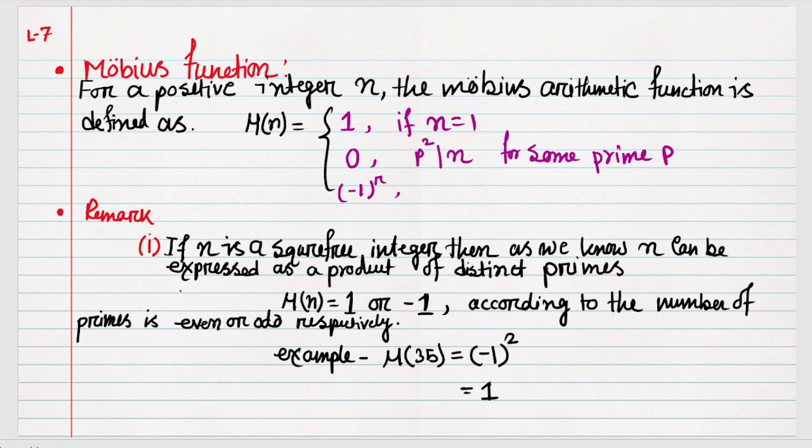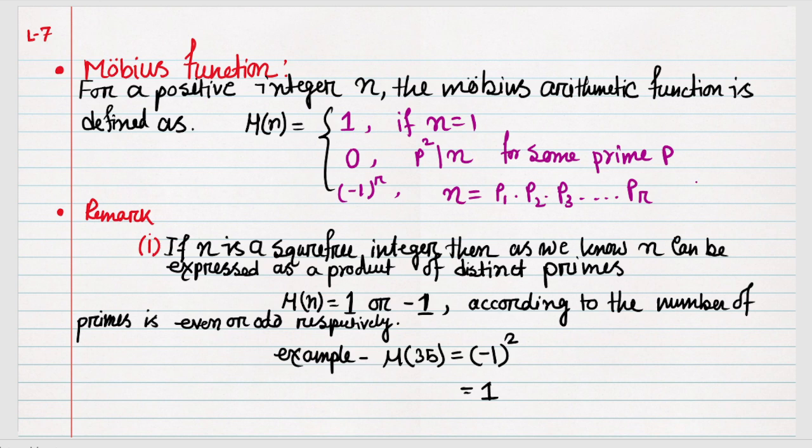And the third case is that the value of mu of n is always equal to minus 1 raised to the power r if n is a product of r distinct primes, that means if n equals p1, p2, p3 and so on to pr. So n is a product of r distinct primes.